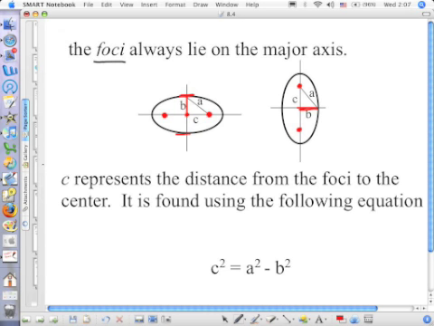All right? Now C represents the distance from the foci to the center. That's on the long one, on the major axis. C is the distance from the center to the foci, or one focus. Now here, C is lying on a different axis, but that's okay because so is the focus.